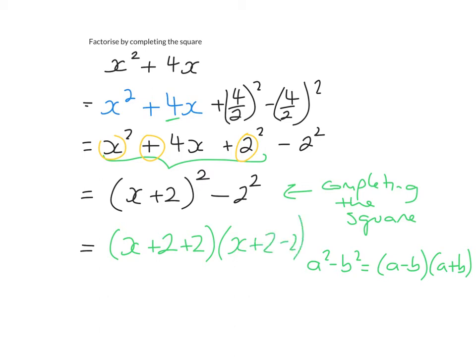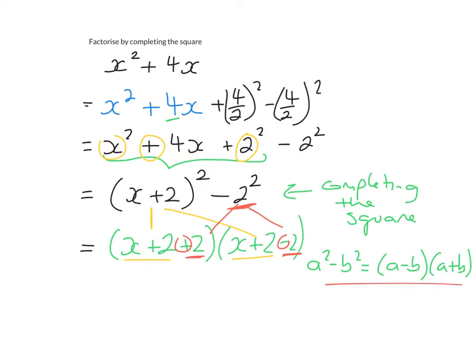A bit confusing with all the 2's everywhere. So to remember, this x plus 2 is from here, and that again is from here, and this 2 is from here, and that one goes to there as well. So the 2 brackets, one's going to be a plus, and one's going to be a takeaway when we create the 2 squares for our difference of 2 squares.